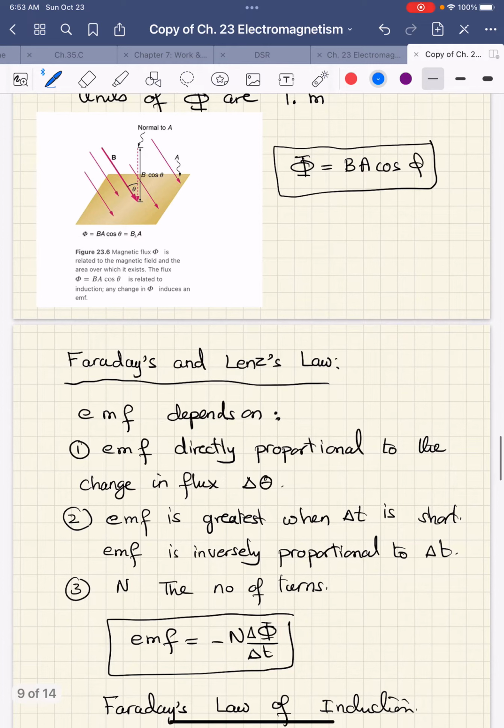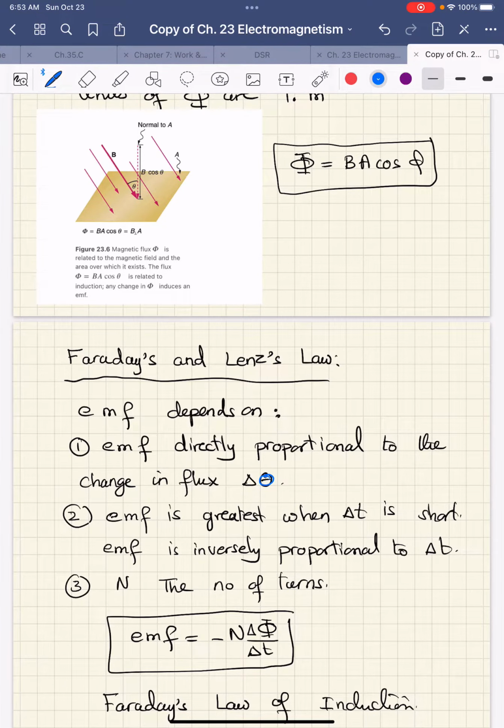Now, we are going to talk about the connection between Faraday's law and Lenz's law. The EMF that can be produced is directly proportional to the change in the flux. Okay, the EMF has to do with the change in flux.